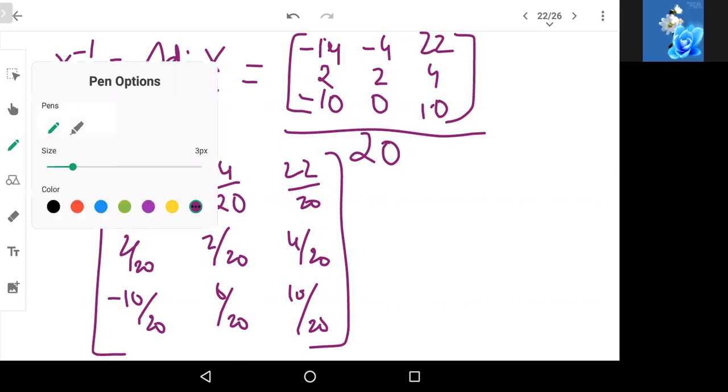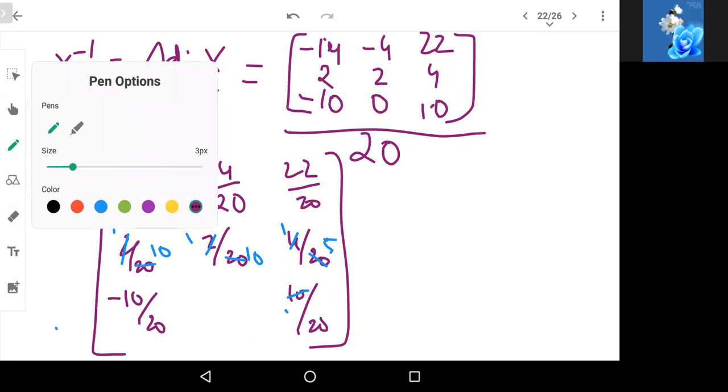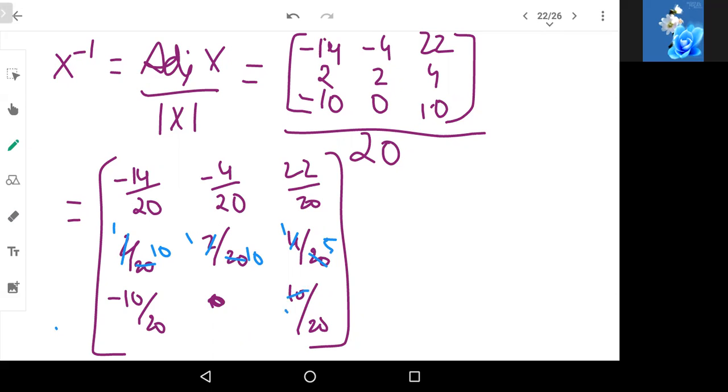So this is the next step. Now in this case, wherever you can cancel the terms, you can cancel them. So 2 ones are 2, 2 tens are 20. 4 ones are 4, 4 fives are 20. Then 0 by 20 will become 0 as it is.